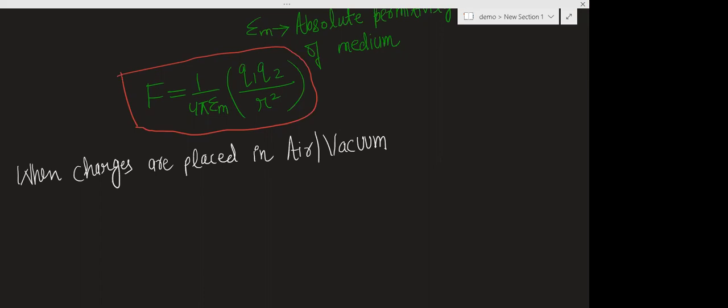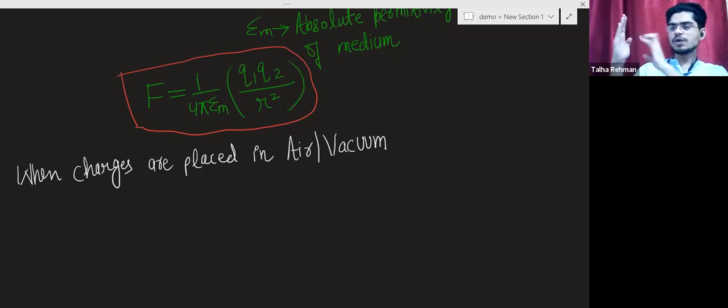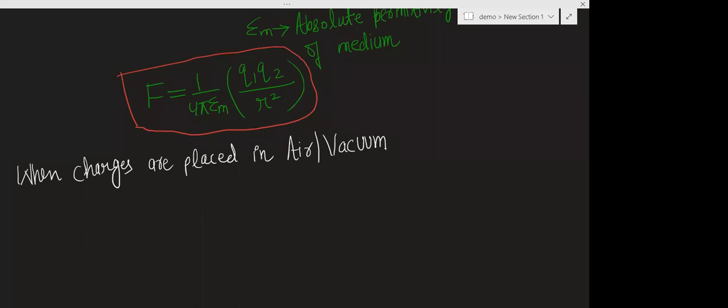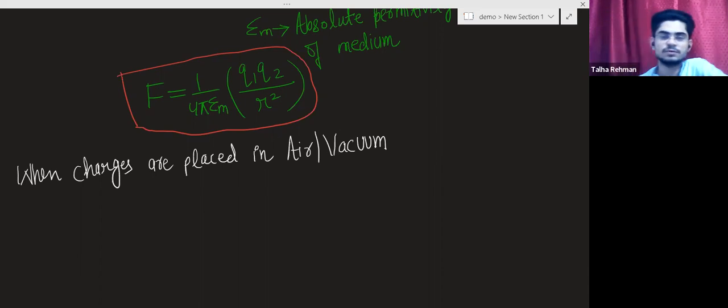Air. If you remove all the air from this region, then there will be nothing, and that nothing is known as vacuum. Vacuum means there is no particle, nothing.